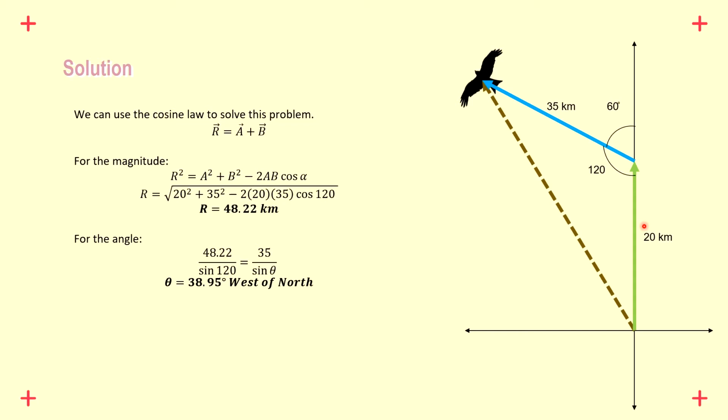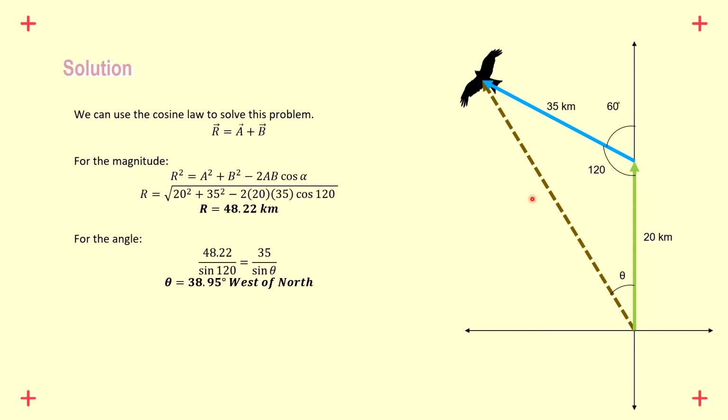That means from the north axis we are going to measure 60 degrees going west. So this is the 60 degrees. We want to know the magnitude and direction of R.